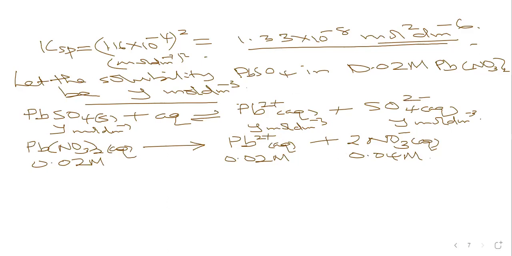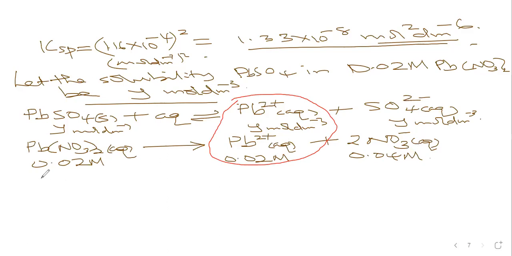Yes, teacher. If you are still at par, the whole idea now is here. Look at the common ion. The two compounds are together, and the concentration of the lead 2 ion is going to change. How is it going to change?